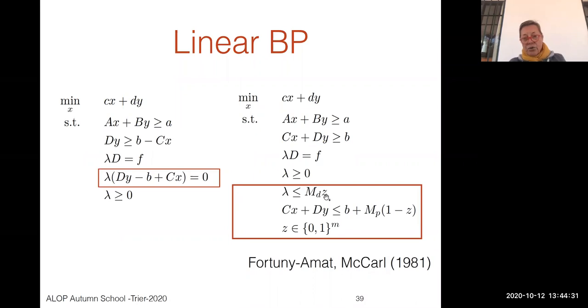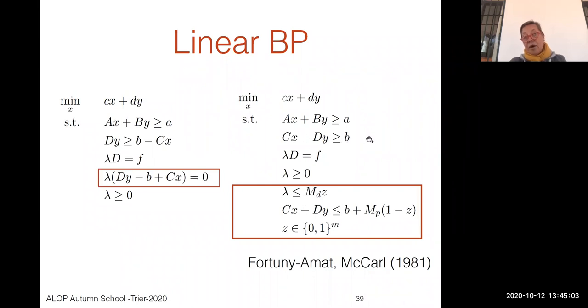Now you see, if zi is equal to 1, that pushes lambda i to be equal to 0. If zi is equal to 0, this term now vanishes, and it pushes cx plus dy to be smaller than or equal to b.